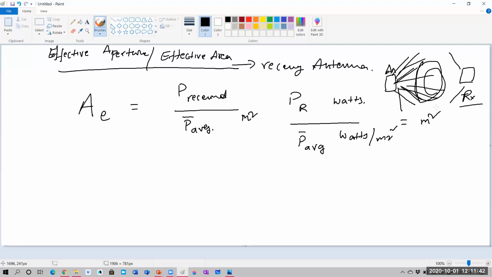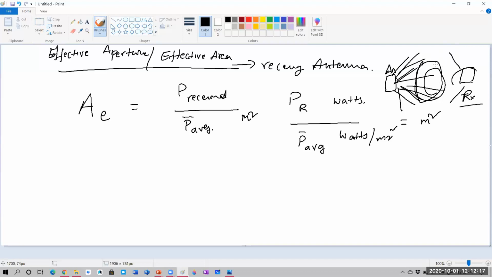So that is nothing but aperture. Obviously, an antenna has a maximum useful area to extract energy from the space, from the electromagnetic waves. Thus the maximum effective aperture is obtained when the power received is maximum.